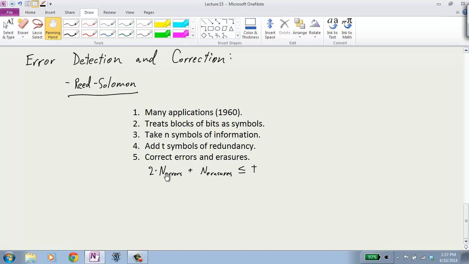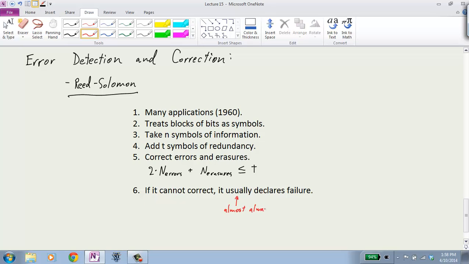There's another nice property of these codes. If the Reed-Solomon code can't correct, if there are too many errors or something, it usually declares failure, and by usually we mean almost always.